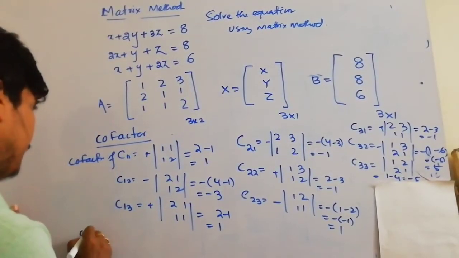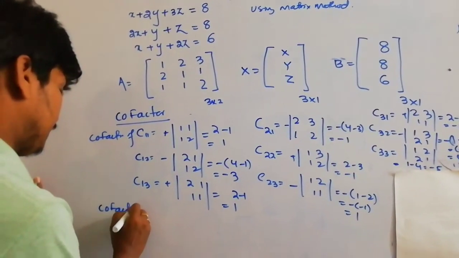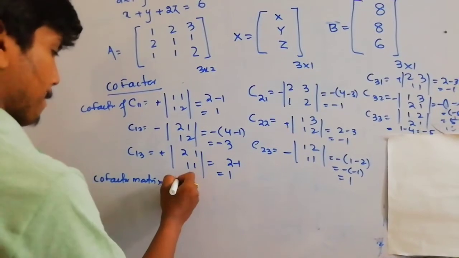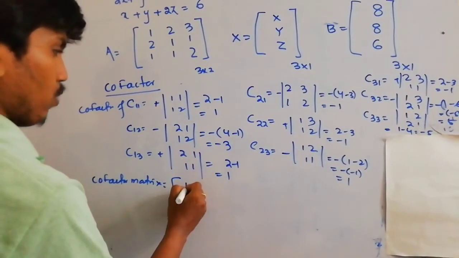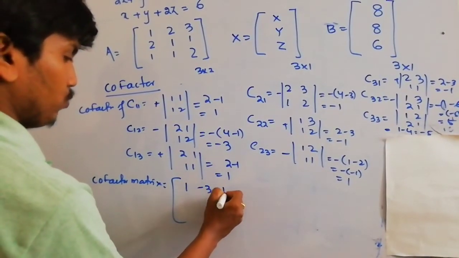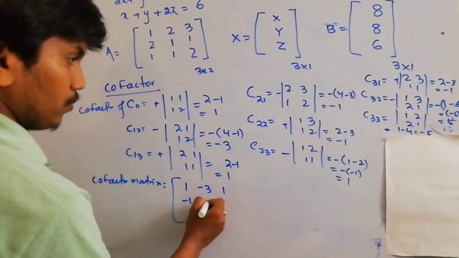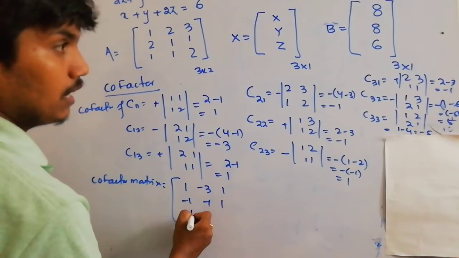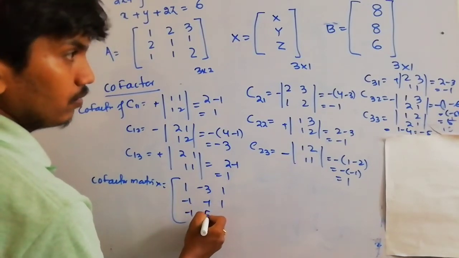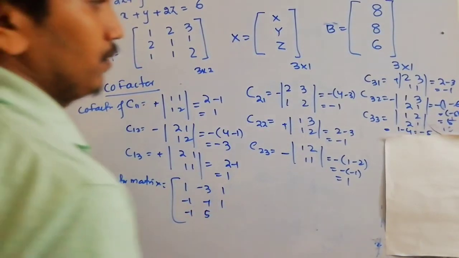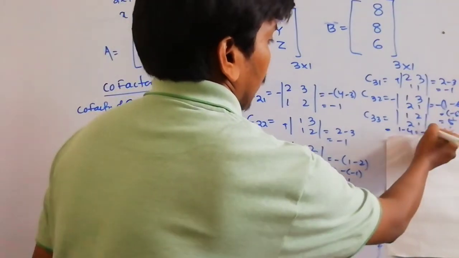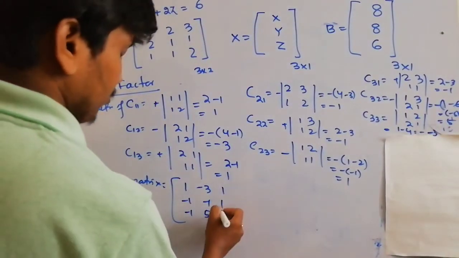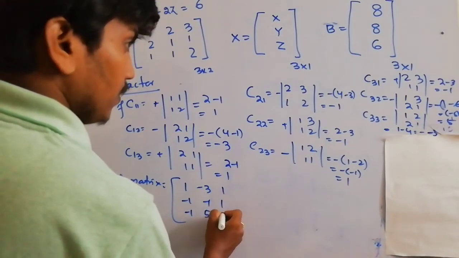Then the cofactor matrix is (1 minus 3 1; minus 1 minus 1 1; minus 1 plus 5 minus 3).